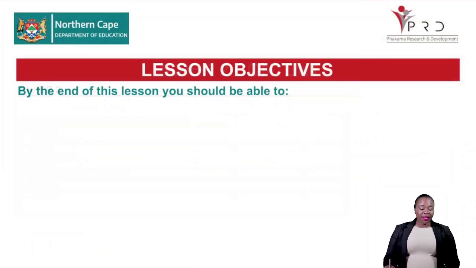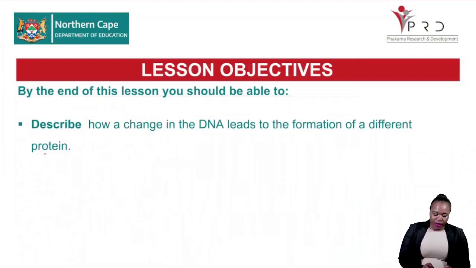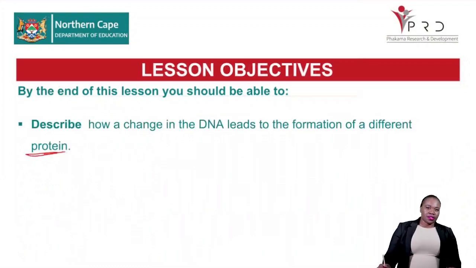Right, okay, by the end of our lesson today, you should be able to describe how a change in the DNA leads to the formation of a different protein. So here we'll be looking at some mutations that may occur leading to changes in the DNA sequence, right? Now, when there is a change in the DNA sequence, there is definitely going to be a change in the mRNA that is formed during protein synthesis, right?